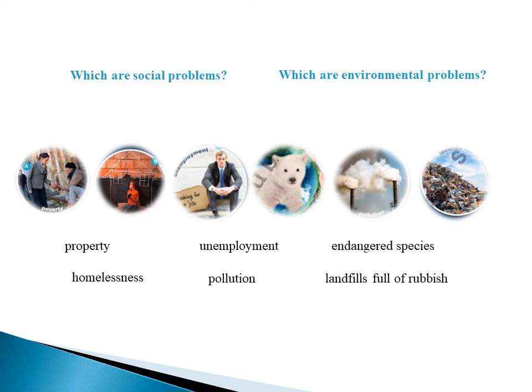Yes, you are right. Property, homelessness, unemployment. They are social problems. Okay, and which are environmental problems? Yes, you're right. Pollution, landfills full of rubbish, and endangered species are environmental problems. Very nice.